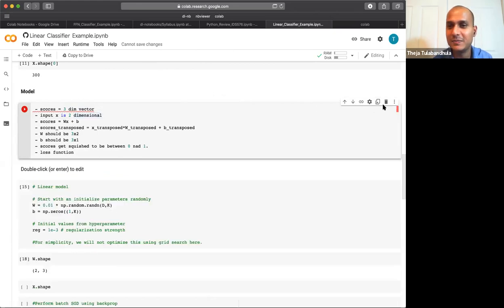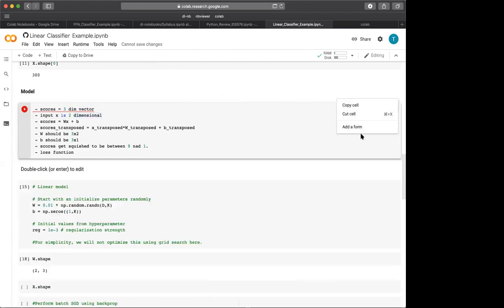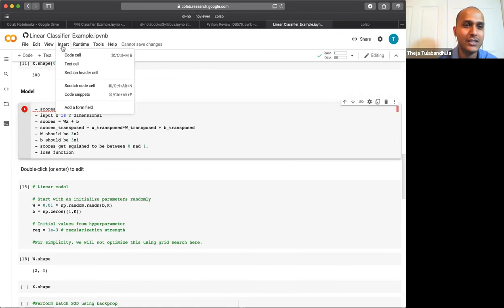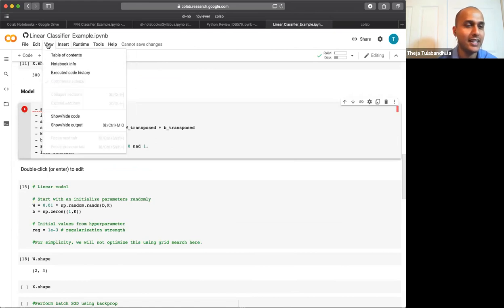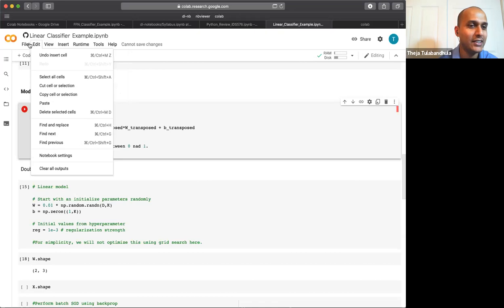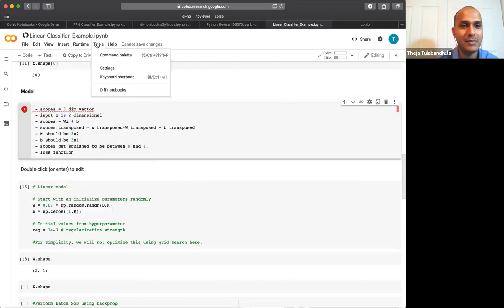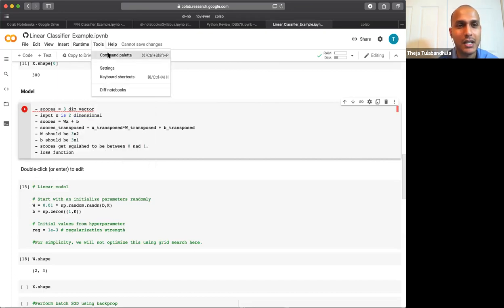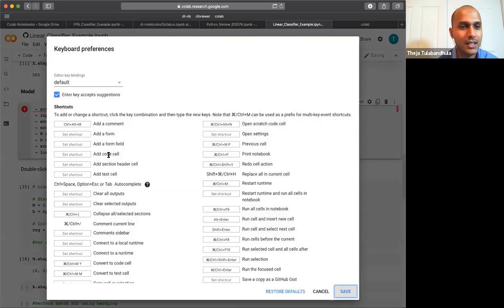I should have just inserted a text cell. I thought there was an easy way to change the cell type. Maybe it's only keyboard based. I should look at the command palette, maybe keyboard shortcuts.